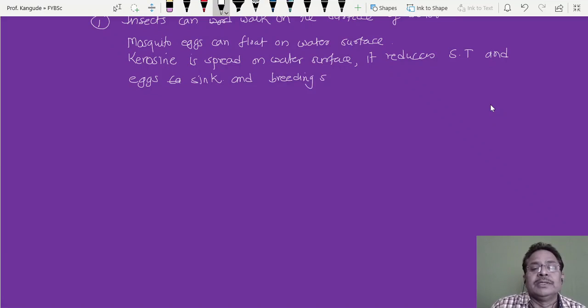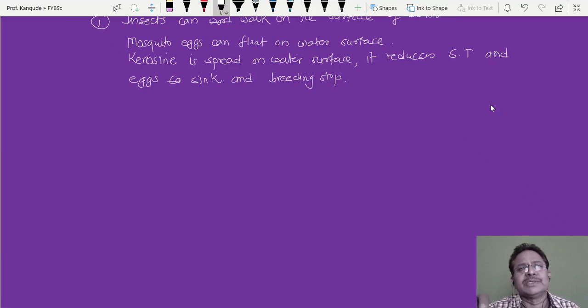So this is one very common example we use in everyday practice. Whenever we find mosquito eggs in water or on the surface of water, or anywhere in the pond, just pour some kerosene into it. The eggs die not because of the kerosene itself, but because they go inside the water due to the reduction of surface tension when kerosene is added.